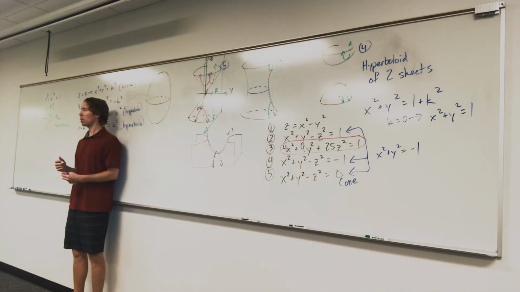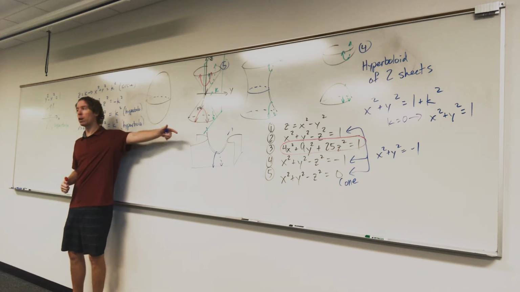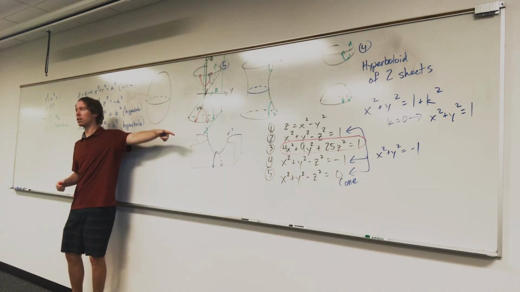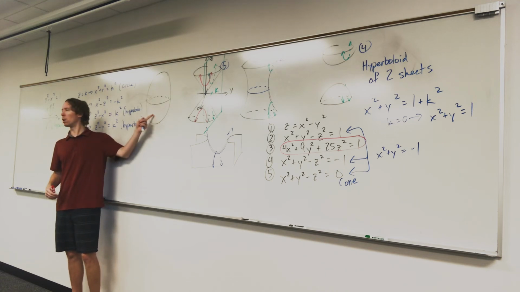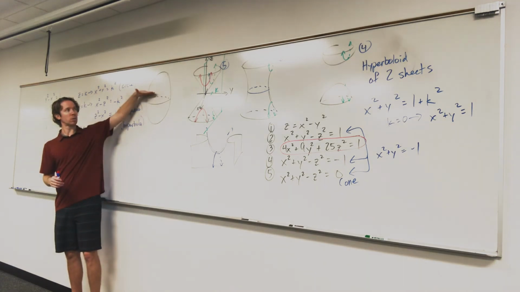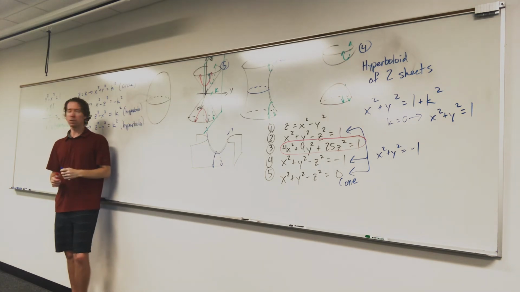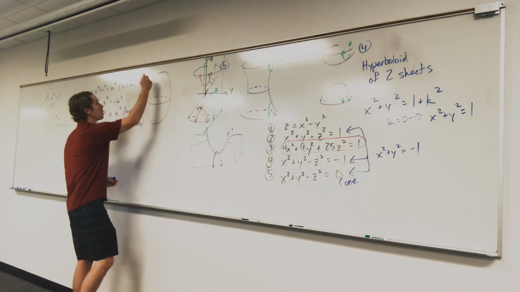Based on the traces? What types of traces are you going to get? All circles. Not quite circles. What are they technically? Ellipses. Yeah, all ellipses. And this will give you all ellipses. If you cut it horizontally or vertically, you'll get ellipses. So good. This is number 3.